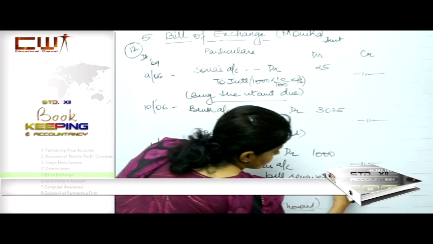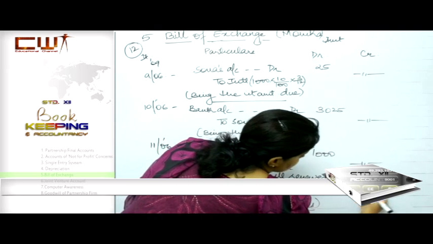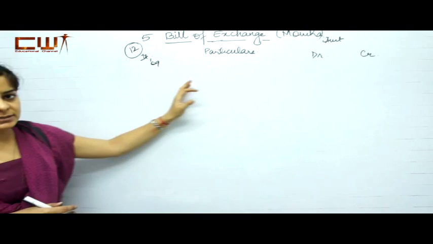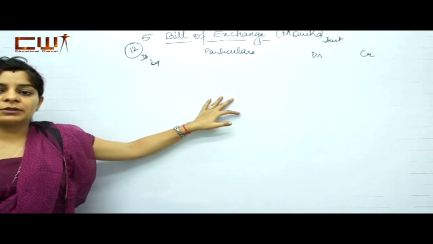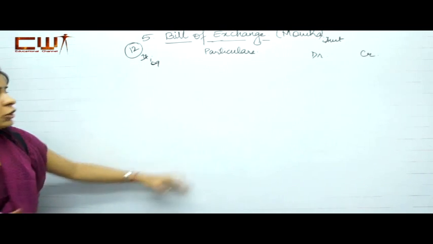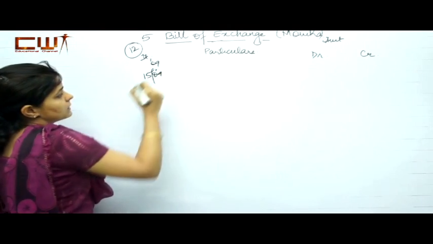How much? 1,000. But finally how much does she pay? She pays 35% of the total amount. So 35% of 1,000 is 350. Rest is bad debts. So last is, now she is paying how much? 35% of the remaining, that is the amount of the bill. So 15th September, that is how much?